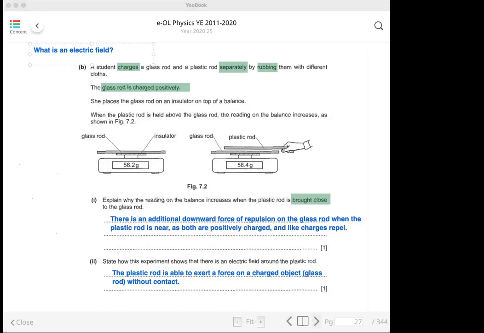Okay, Yiting, well done. Oscar, well done, you may go. Anybody got any question for me regarding this topic or any other topic?